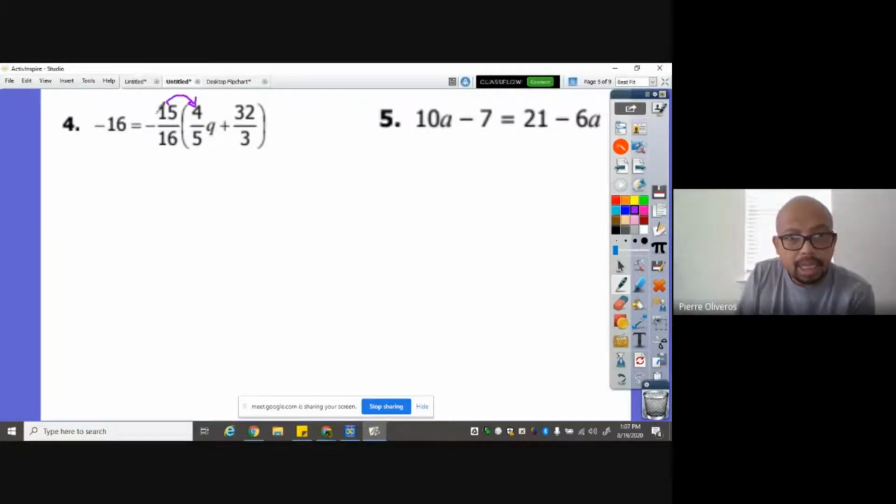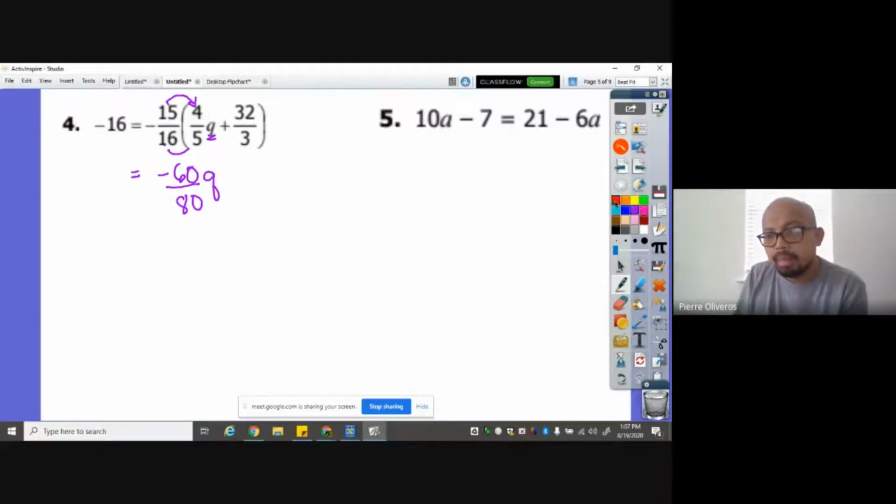When you multiply negative 15 and 4, I'll get a negative 60. And then 16 times 5 will give me 80. And there's a q there, so you just drop it down. Then multiply again the negative 15 over 16 on this side here.